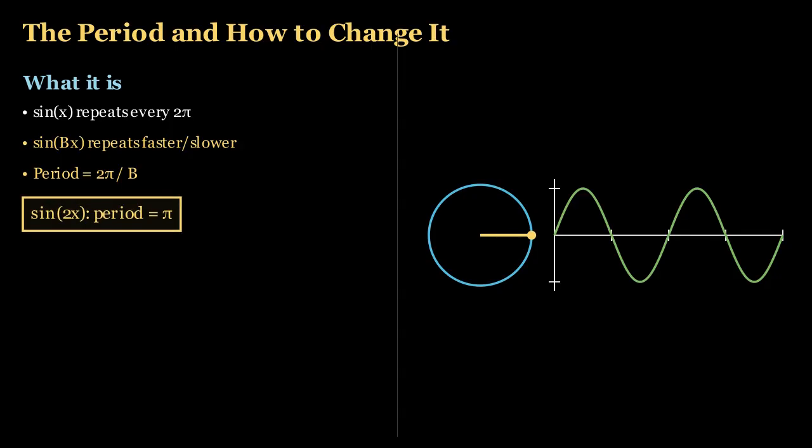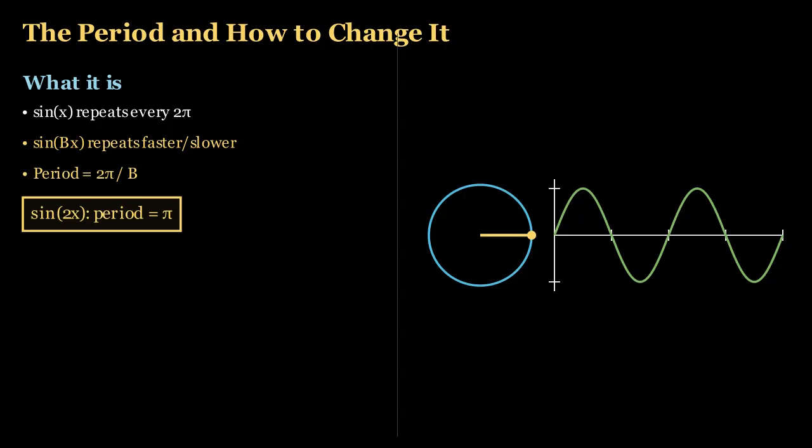A bigger b packs more cycles into the same space, so the period shrinks. The new period is 2 pi divided by b. For example, if b is 2, the wave completes a full up and down twice as fast, so its period is just pi.